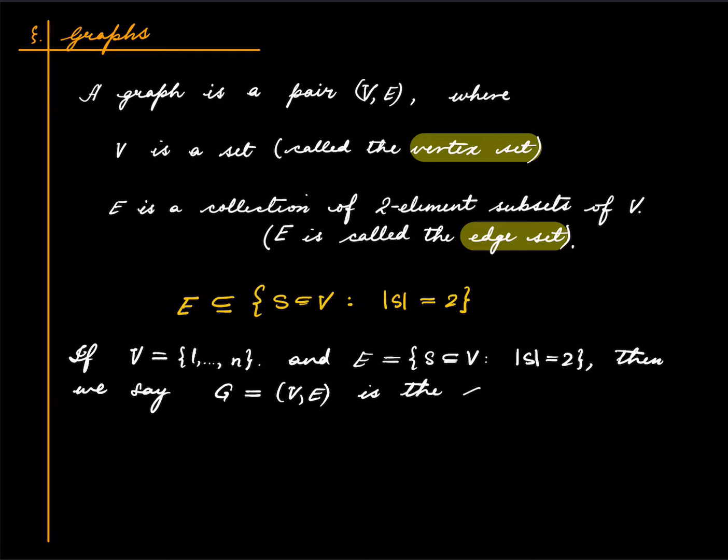This is the definition. The complete graph on n vertices.